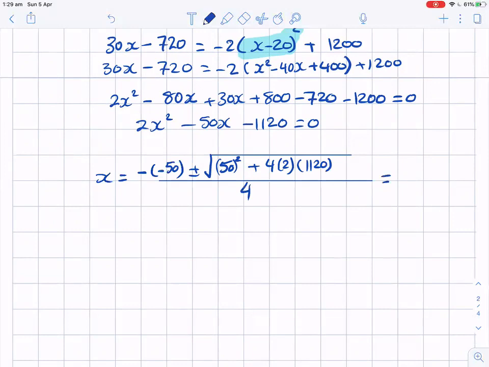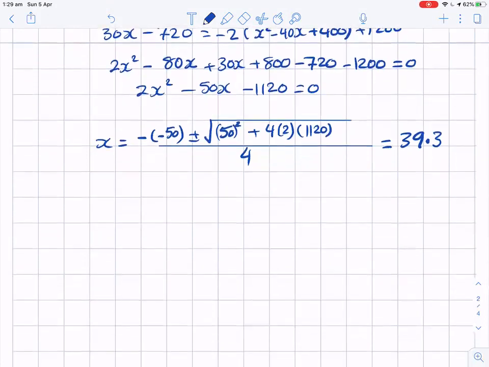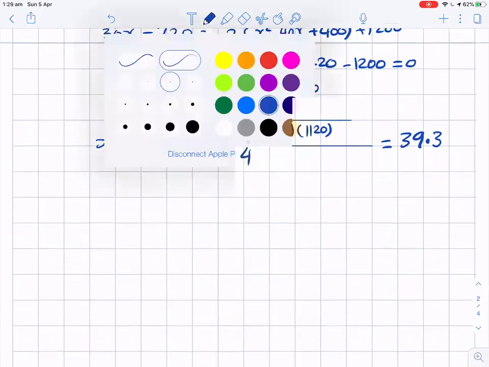When you work this out on your calculator, you will get the answer as 39.3 or something like that. Anyway, as I said, we are not after the results from these complicated numbers, just the idea. So if x is 39.3, then we substitute this in y.